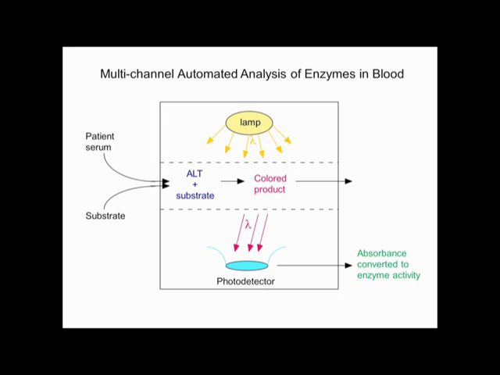You throw the serum with a substrate into a little tube, and it runs through, and a colored product is developed, and you can measure that with a photodetector, and then you can change that absorbance or light to enzyme activity. So what the lab measures is the enzymatic activity of these, not the protein. And there's no DNA here, so molecular biology's out.